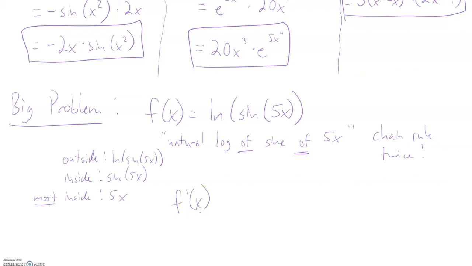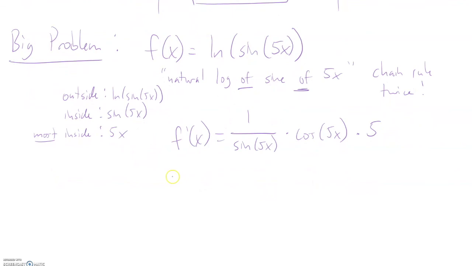Derivative of the first function, derivative of natural log, our rule states, is 1 over the inside of that function. So derivative of natural log of sine of 5x, 1 over sine of 5x, times the derivative of our sine function. Derivative of sine of 5x will be cosine of 5x. And finally, times the derivative of 5x, which is just 5. And then we can start playing around with simplifying this.